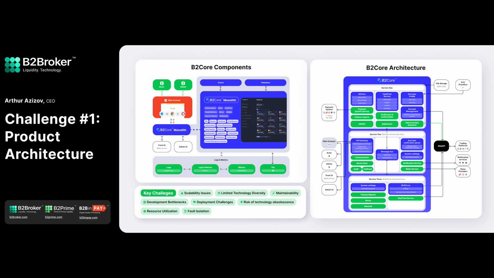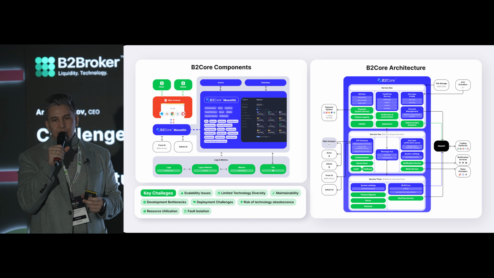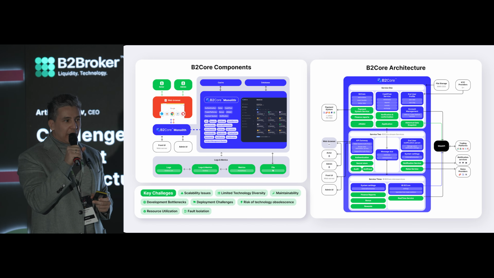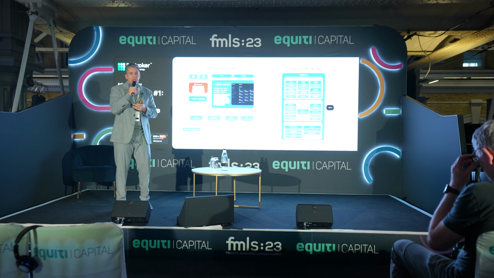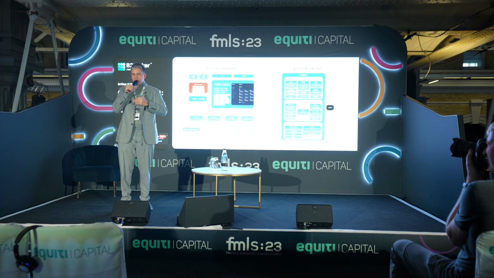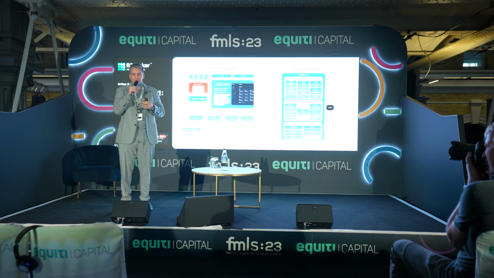We have been developing this product since 2014, so right now it's already the third generation. When I say third generation, what do I mean? I mean that we have redeveloped the entire product from scratch, from the very beginning, three times.